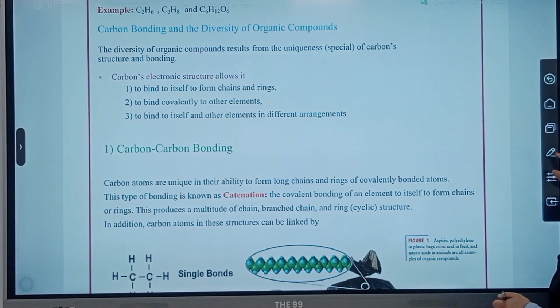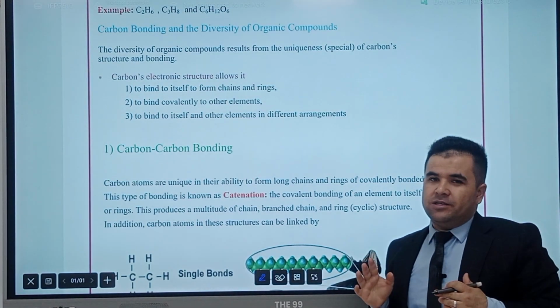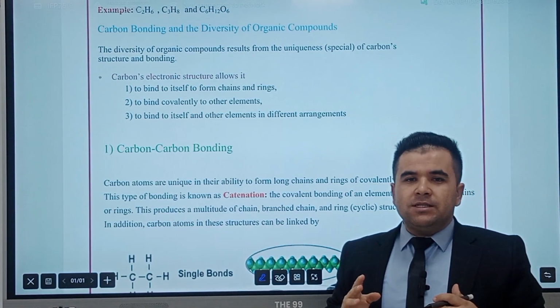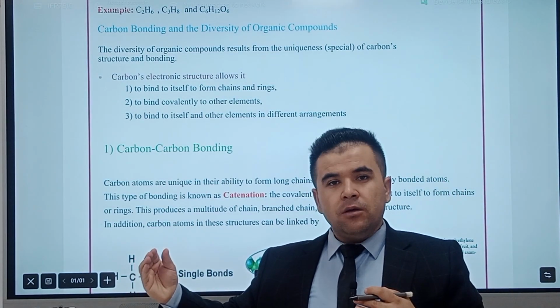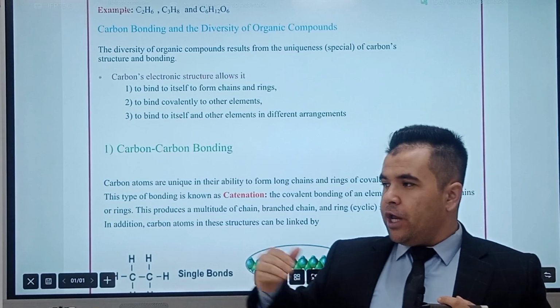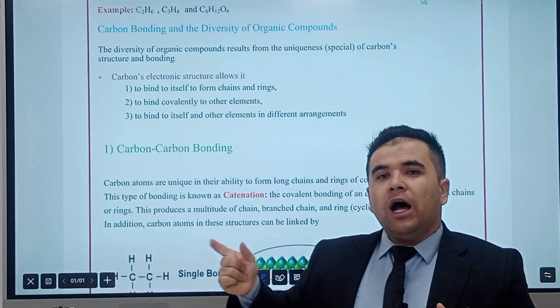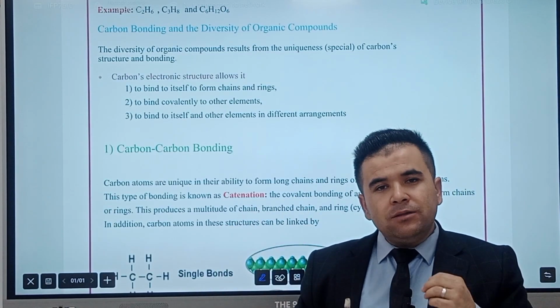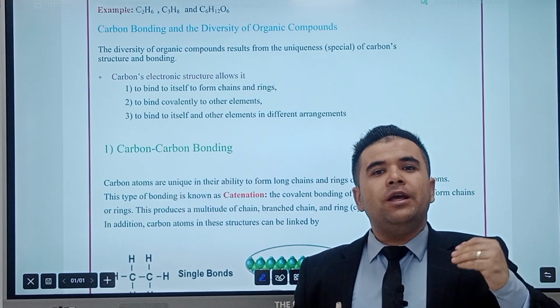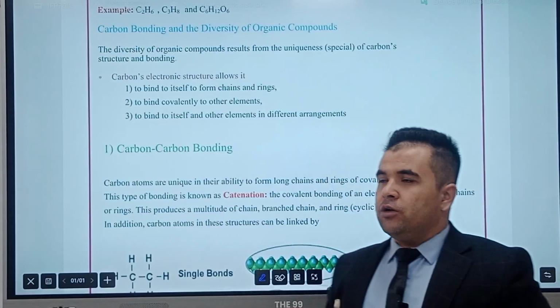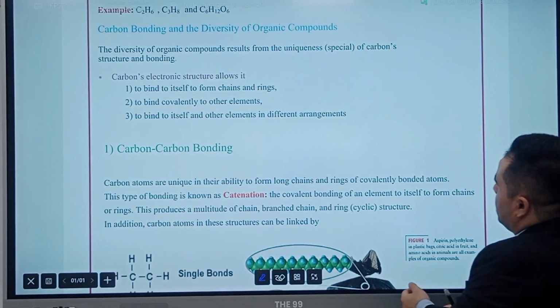Carbon has many unique properties. One of the properties is that it has a tendency to bond with other atoms of carbon in a chain or a ring form, and it has a tendency to bond with other elements, which are usually the nonmetals.